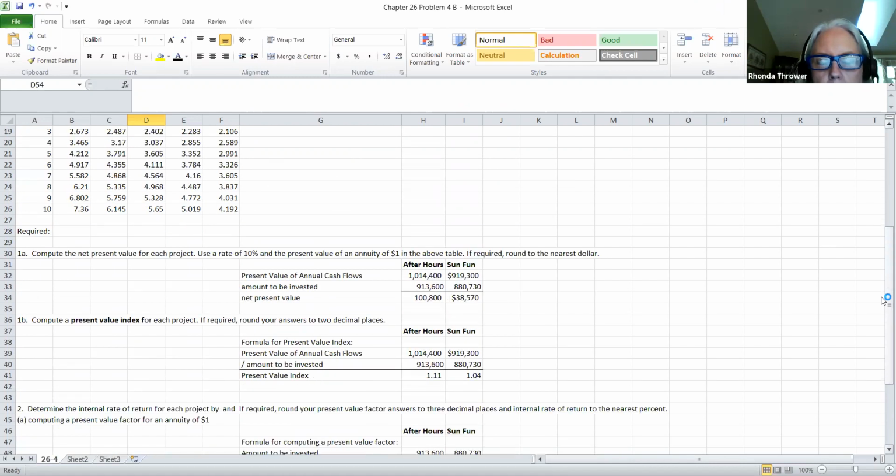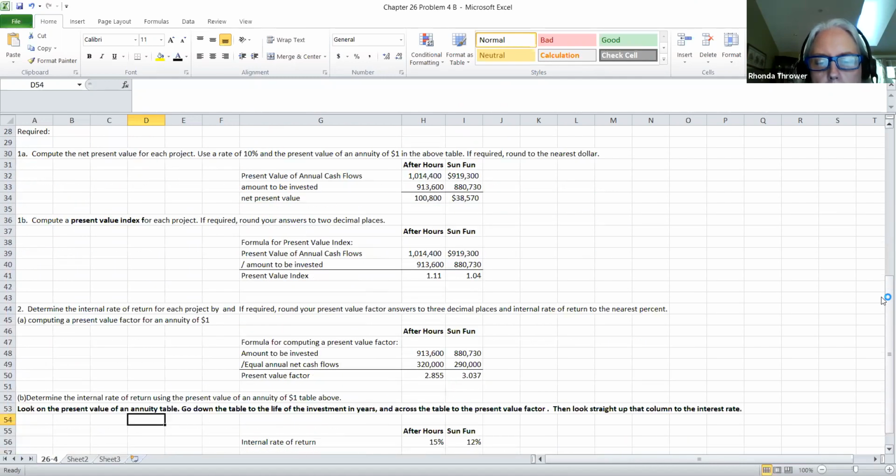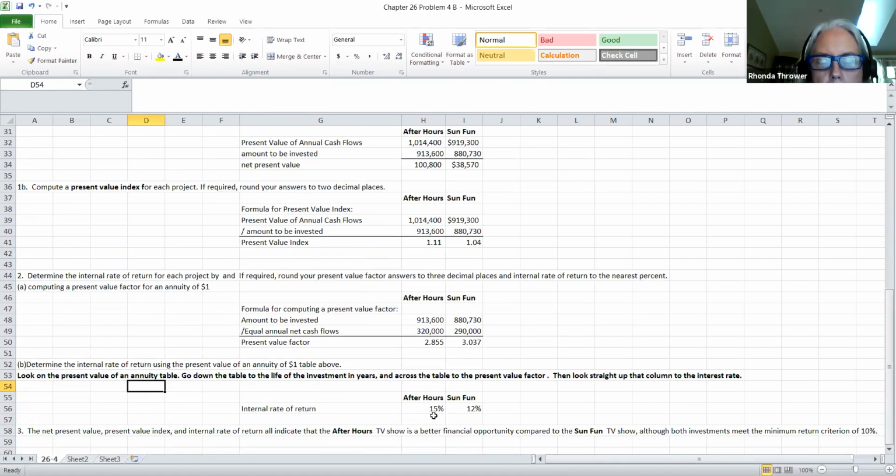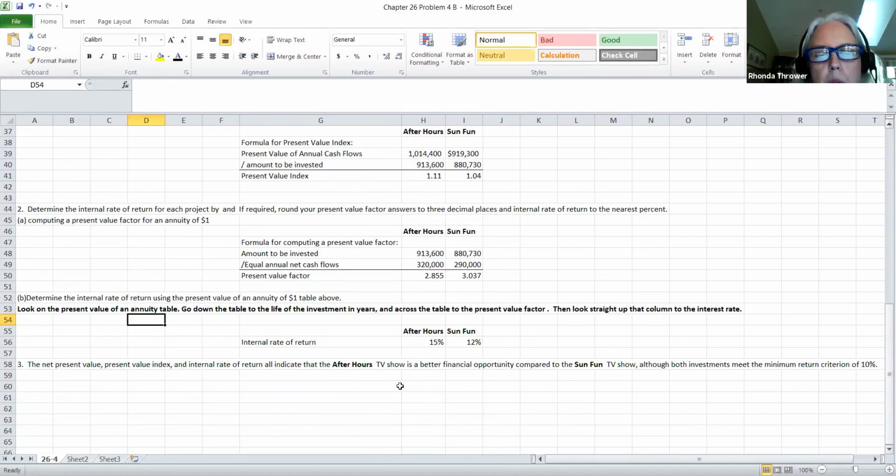So both of these investments meet that 10% requirement, but After Hours is going to perform better, they think, than Sun Fund. So the choice most likely, if you just went on mathematical calculations, is After Hours.